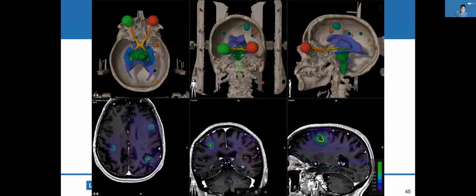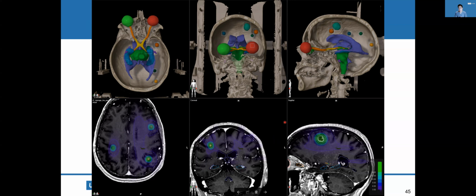A prime example of that is when you have numerous brain metastases. UCLA has really pushed the envelope as far as treating numerous brain metastases. Historically, if you had more than 5 or 10 brain metastases, you got whole brain radiation.